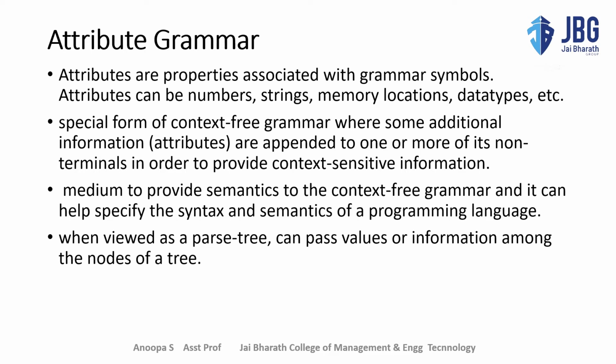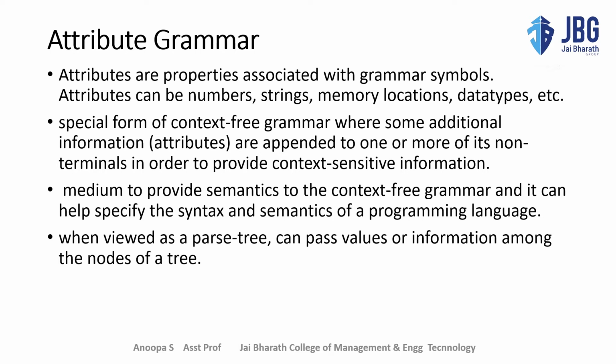Whenever we add some attributes to the productions, it is known as attribute grammar. It is a medium to provide semantics to context-free grammar, and it can help specify syntax and semantics of a programming language. So if you are asked to write a definition for attribute grammar, you have to write these 3 points.